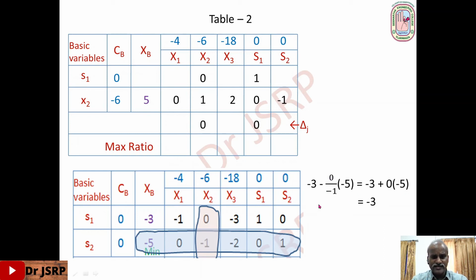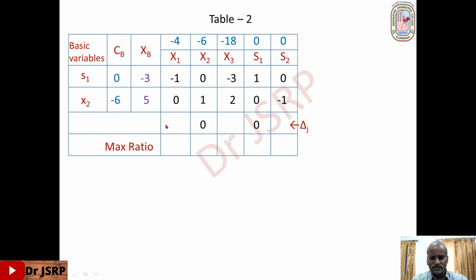So for this first row calculation, this 0 is fixed. So 0 into any value, 0. So this becomes 0. That means we get the same value, minus 3. So for other entries in the first row, we get same values. Okay, this is minus 3. Similarly, other entries remain same, minus 1, minus 3, 0. Since here we have 0, the first row becomes same.